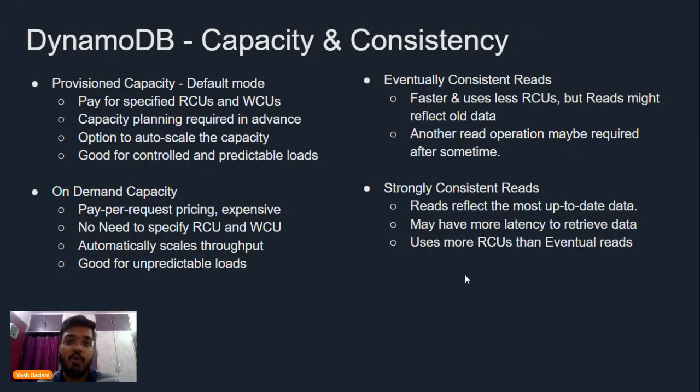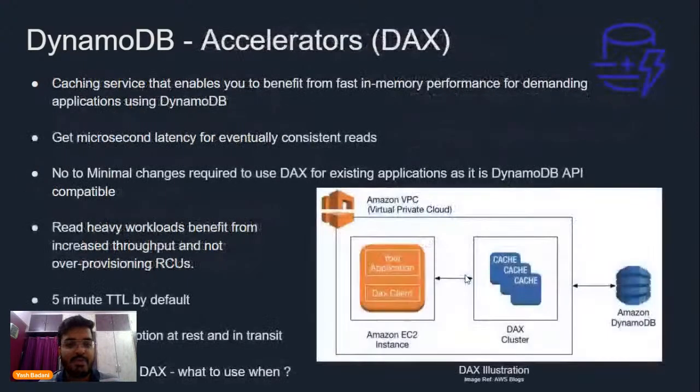So it uses more RCUs, or read capacity units, to hold that data for that time. So eventually consistent reads take fewer read capacity units, but strongly consistent reads take more read capacity units because they try to hold more units just to give you the latest data, with some increase in latency, but still it is in milliseconds, right?